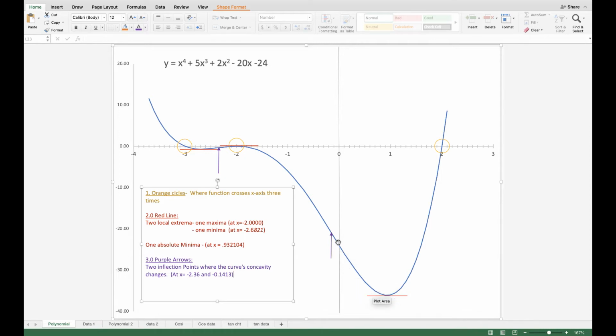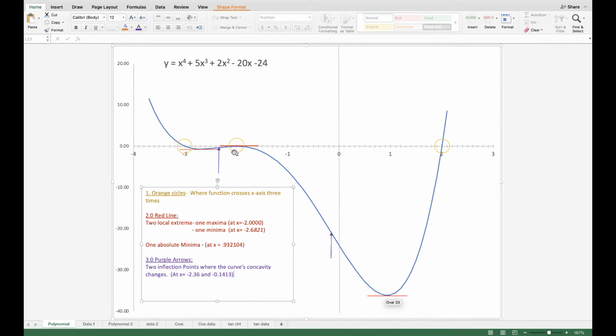And so when this is positive on either side of your minima, that means you're going down and you're going back up again, and this cup shape means that you've reached a minimum and you're going back up again. So having positives on your second derivative on either side of your extrema tells you that you have a minimum.